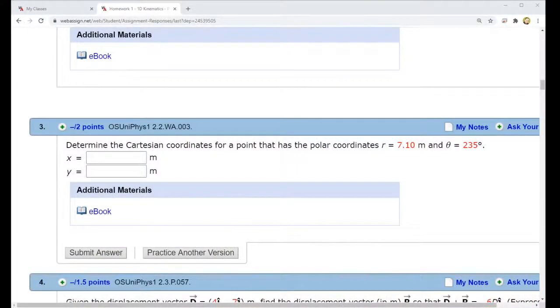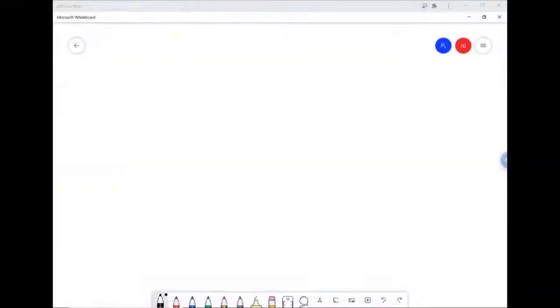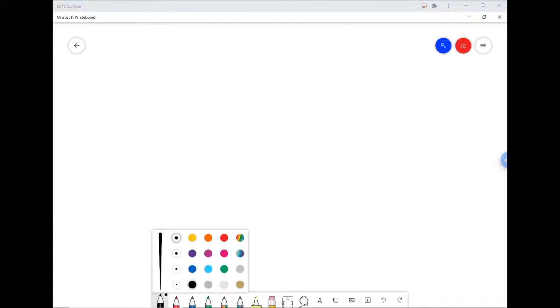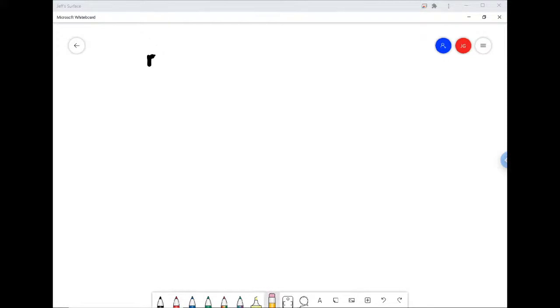All right, so let's go to my whiteboard. And the situation we have is a vector that has magnitude r, 7.1 meters at a direction of 235 degrees.